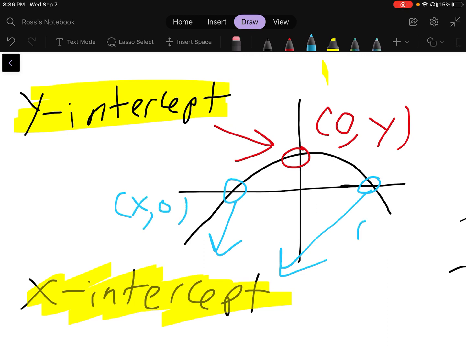And some x value here, and the y is 0. So we know either the x or y value for both the y-intercept and the x-intercept. For the y-intercept, we know that x is 0, and for the x-intercept, we know that y is 0. So this is a review.